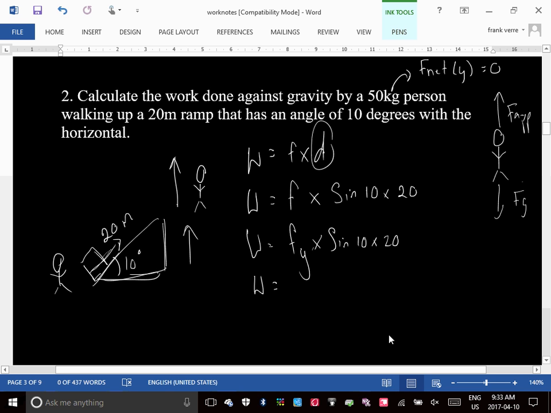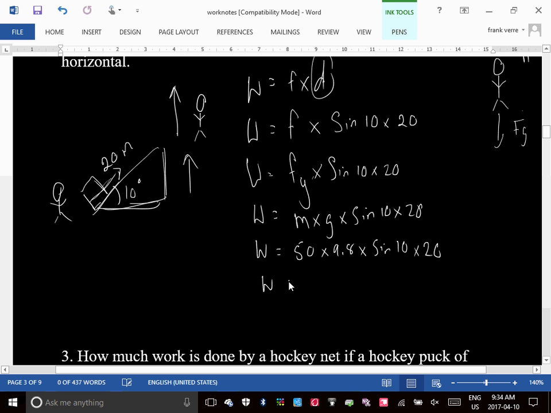So what's the weight? Weight is mass times g times sine 10 times 20. So it's 50 times 9.8 times sine 10 times 20. So what is the work done to move up the ramp?